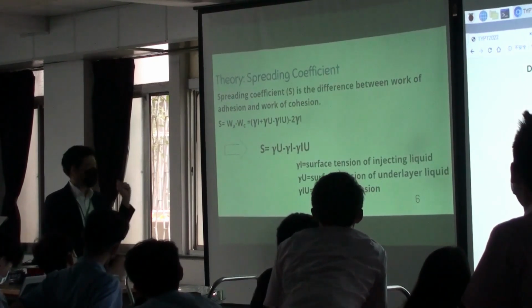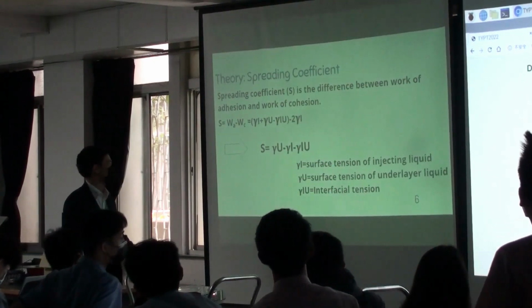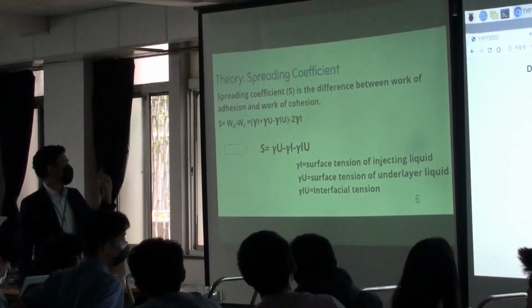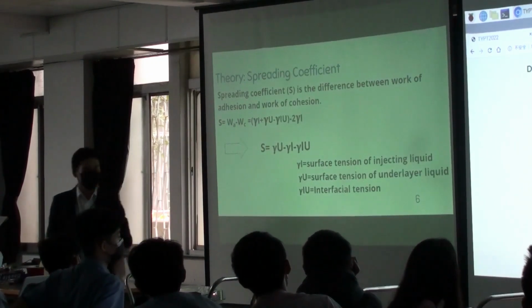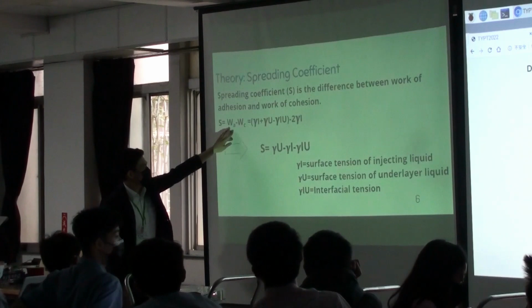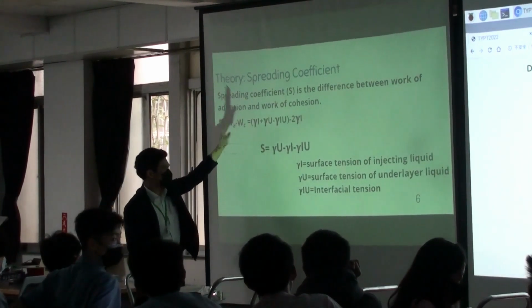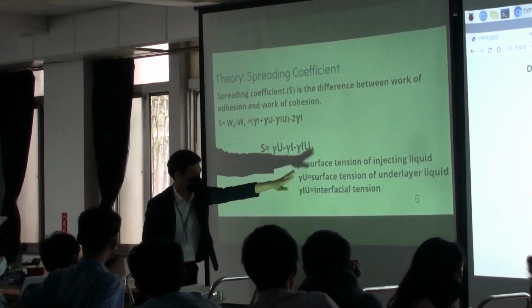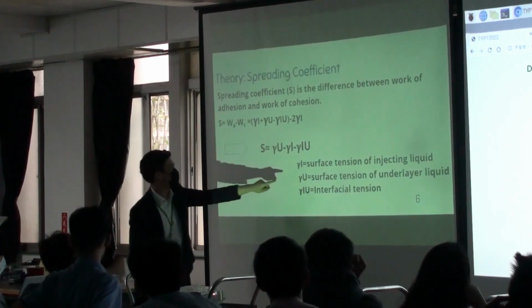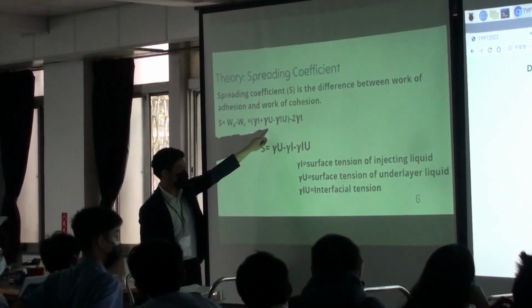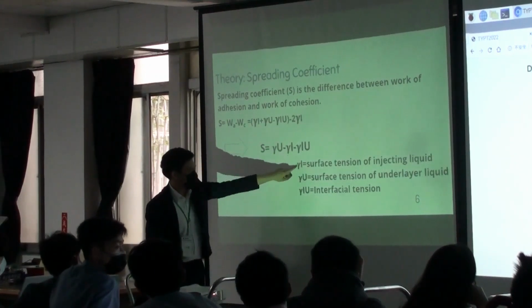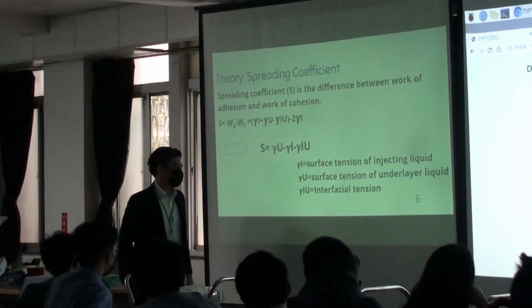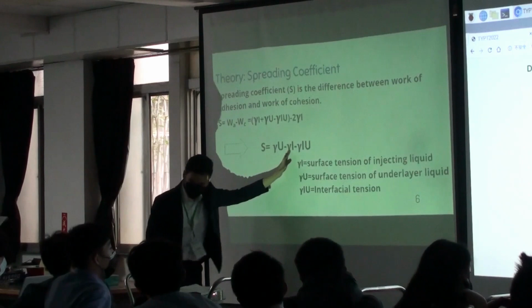So our main theory here is the spreading coefficient. The spreading coefficient is the difference between the work of adhesion and the work of cohesion. So it's essentially the difference of the work, which equals the surface tension of the injected liquid plus the surface tension of the underlying liquid, minus the interfacial tension, and minus 2 times the surface tension, giving this equation.